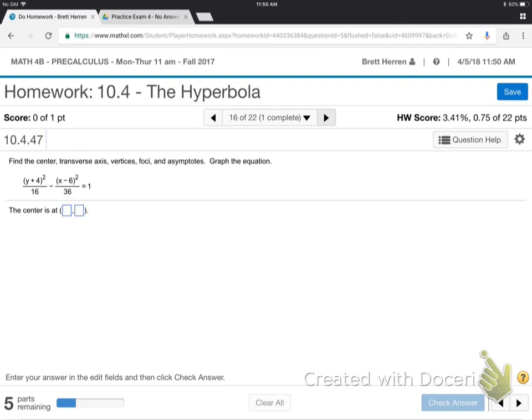Everybody said that's the first thing to do. Good job. So it's opposite, and that's the x, and opposite. So the center is going to be positive 6, -4. I mixed it up because x has to come first, then y. Right, good job. Good so far?